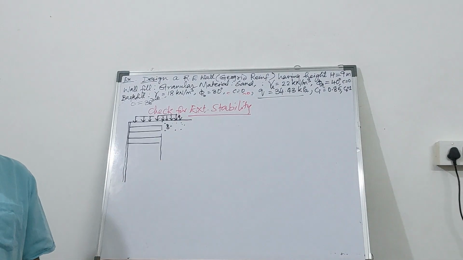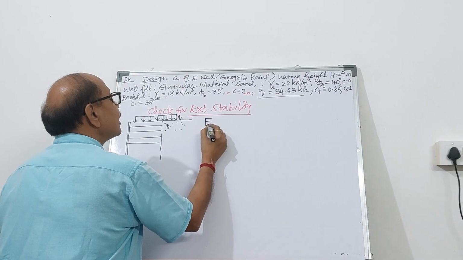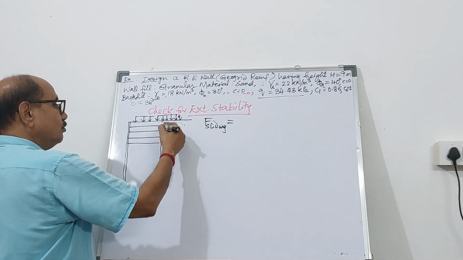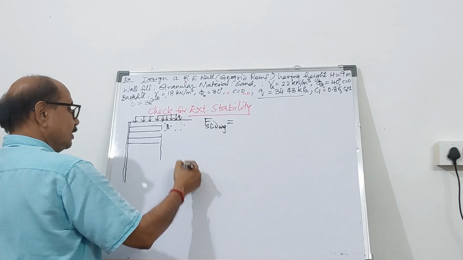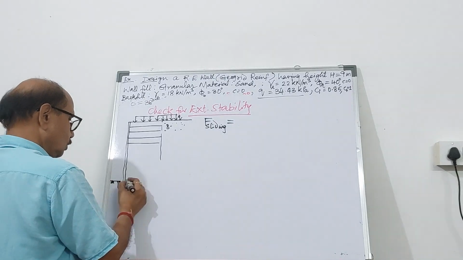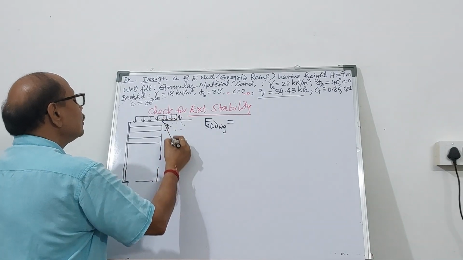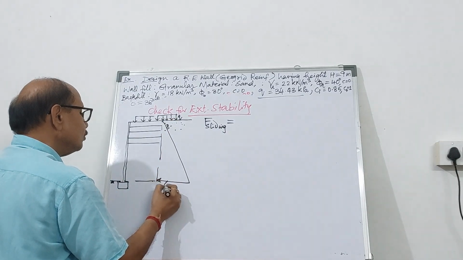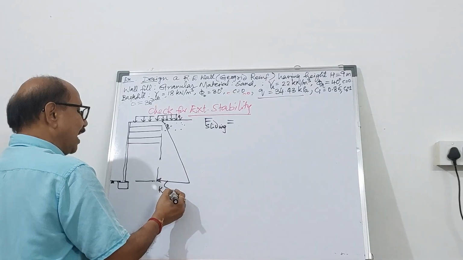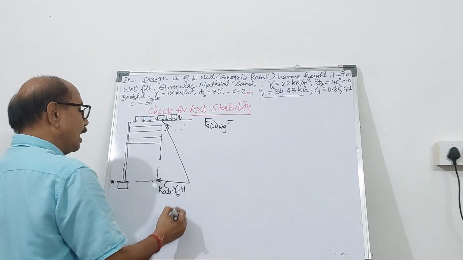So now, how to find out the factor of safety against sliding? So you need to find out here the horizontal pressure. This is the wall. So the horizontal pressure due to overburden will be KAB, K of backfill into gamma of backfill into height.